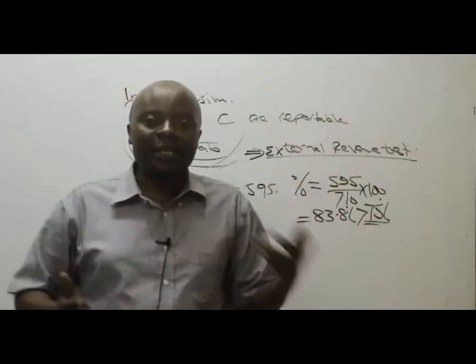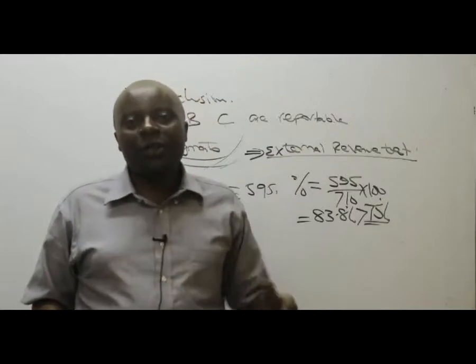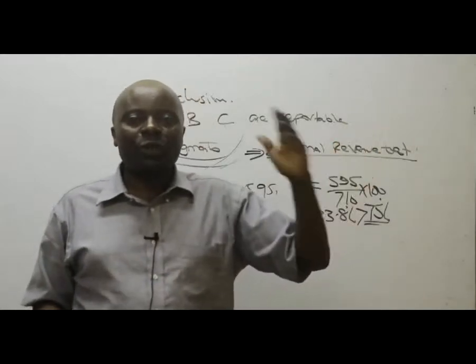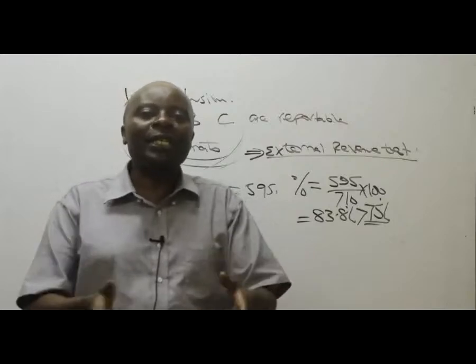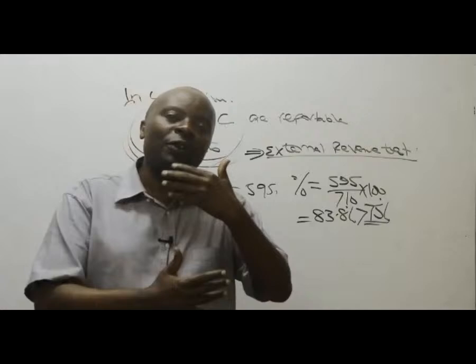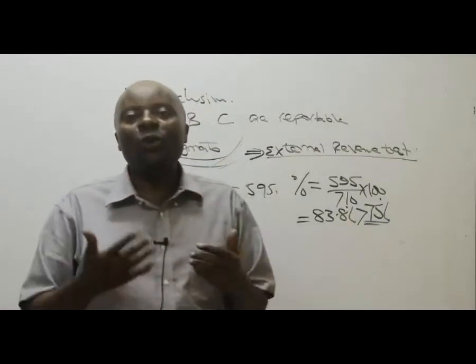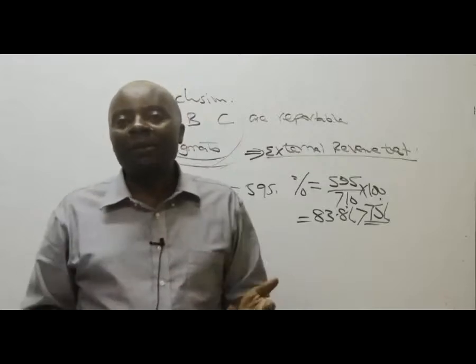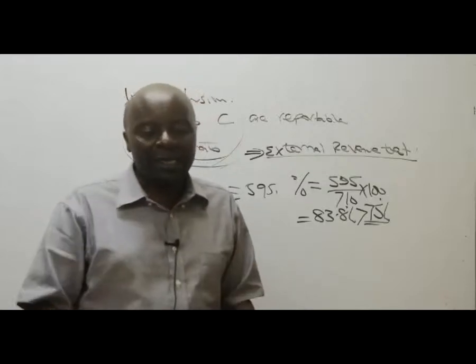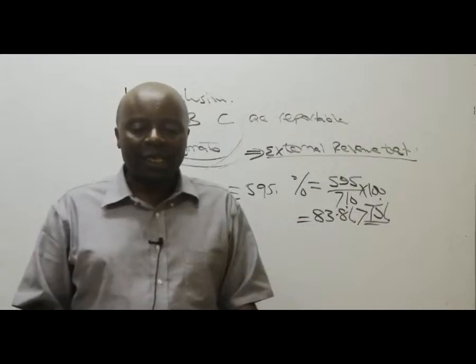Try to analyze them. Try even to compute ratios, right? Try to get the gross profit margin. And if possible, even send them to my email address. I'll be able to advise you on what you can do to make your analysis better, so that when you say you are a CPA out there, you will really be respected. So that after some time, we should be getting students here who are earning salaries of $1 million. Not this thing of people complaining that CPAs are about the course, and yet they do not know.